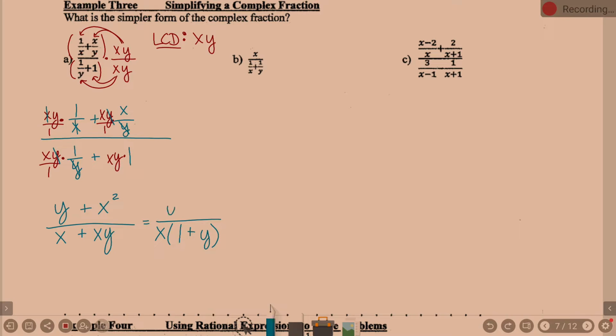My numerator is still y plus x squared. Does anything cancel? The y's are being added, so I can't cancel my y's. This x squared is being added, so I can't cancel any x's. Nothing can cancel. This is one where the factoring didn't allow me to cancel anything. You could leave it either way there. Okay? You could leave it as either option.